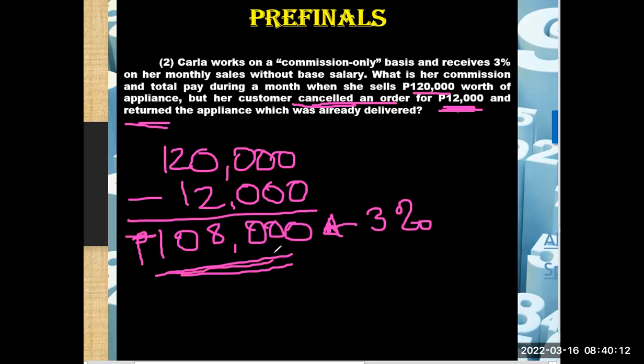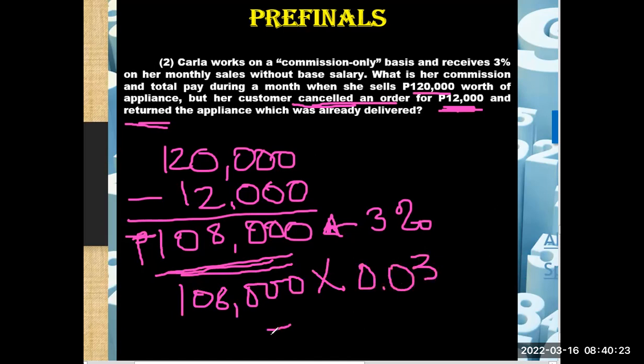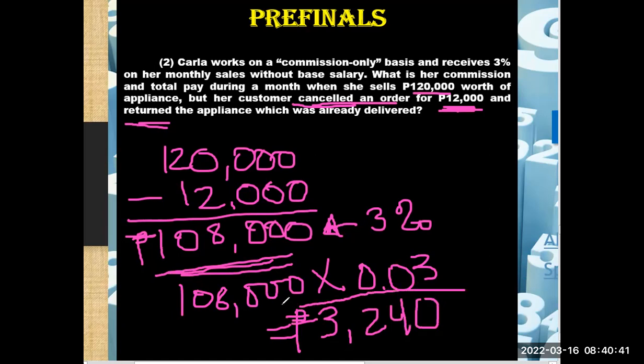So, 108,000 lang. Let's multiply 108,000 by 0.03. So, meron siyang marireceive na 3,240 as commission.